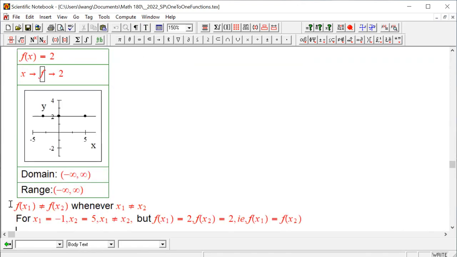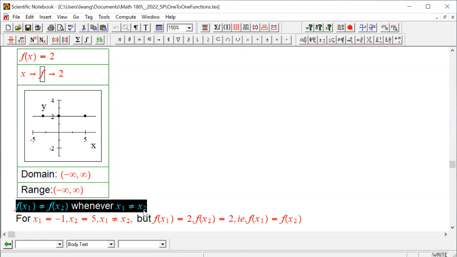So we have a pair of inputs. Obviously, they're from the domain. The domain is all real numbers. Even though the inputs are not the same, the outputs are the same. And that violates the definition, right?